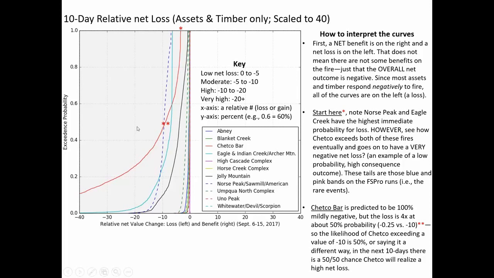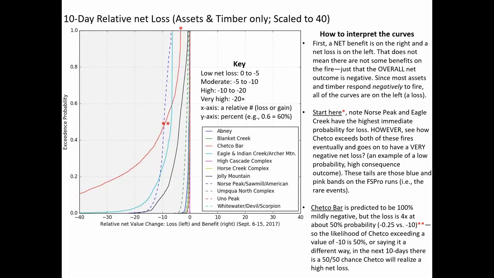But you can see as Chetco Bar continues to grow and gets into those outer bounds of FS Pro runs, the loss is substantially higher than the other fires. It quadruples to some of those other fires, and some of the really small fires near the zero line, it's on the magnitude of 10, 15 times more.